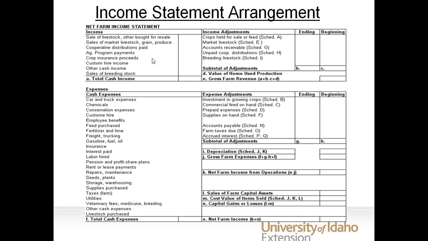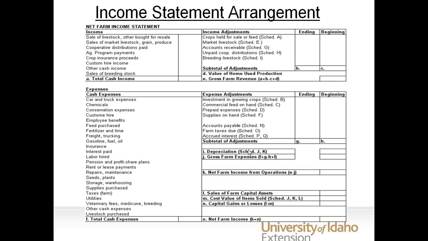So then on this side you can see the adjustments that we just talked about: accounts receivable, inventory adjustments, and then expense adjustments. So supplies, which I incorrectly put in the top category, supplies on hand, adjustments for investment in growing crops, accounts payable.